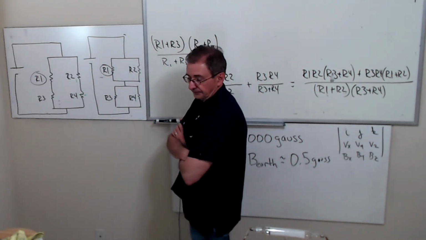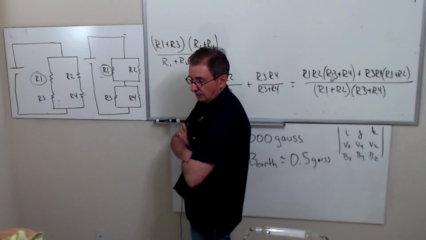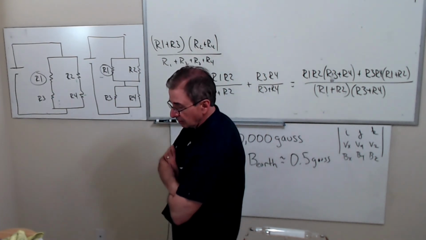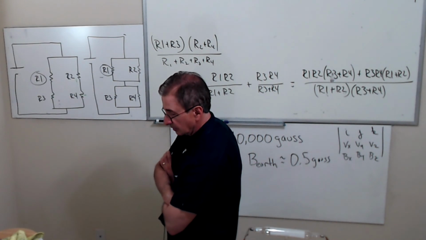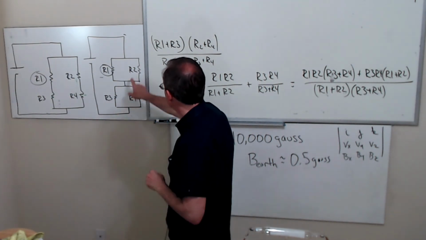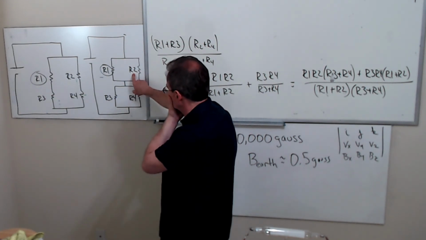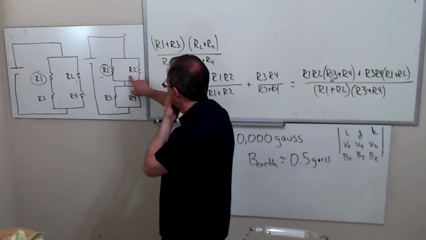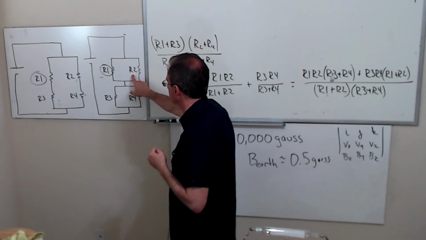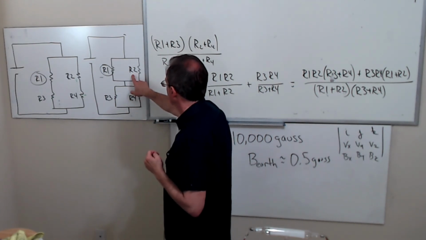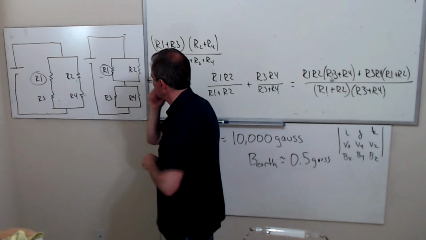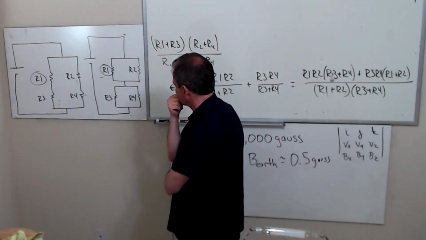You see what I mean? Yes. And does this get smaller then? No, it's the same. Well, R1 and R2 are the same. So is this one smaller than this one? Are you saying R2?